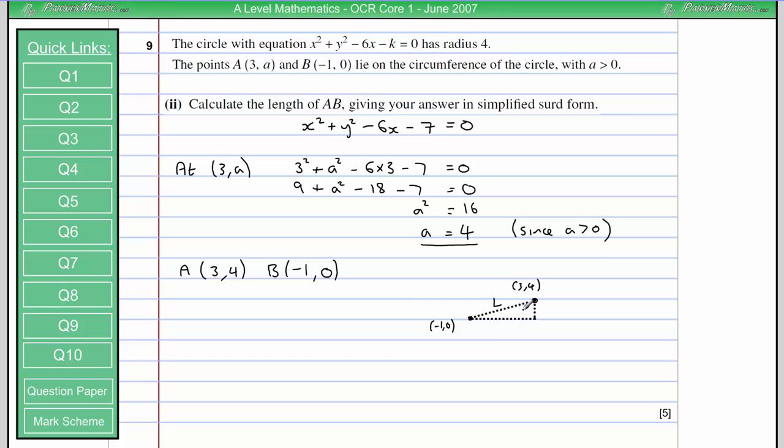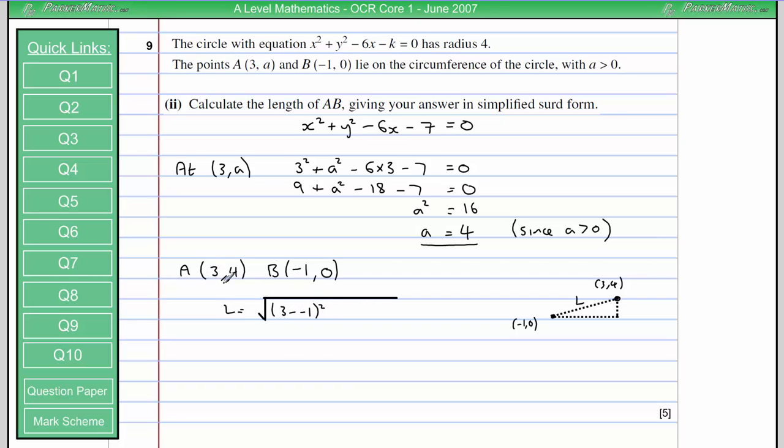If we want to find that length, we can use Pythagoras and say that it's going to be the distance across here squared plus the distance here squared and then square rooted. So L is going to equal a big square root of 3 minus 1 squared.